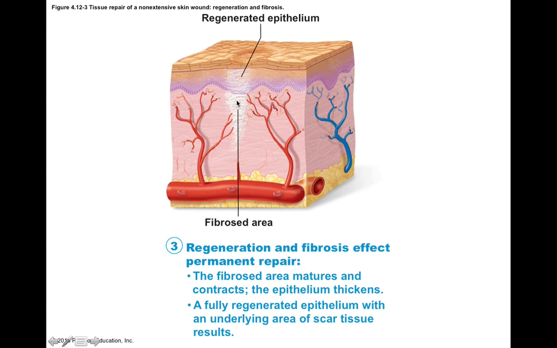This is actually visible at the skin surface where you might have a depression or an elevation in the tissue here because of this scar tissue. Now over time, the surrounding tissue starts to match this new tissue, and it all evens out, and so it's hard to tell the difference between the new and old tissue.